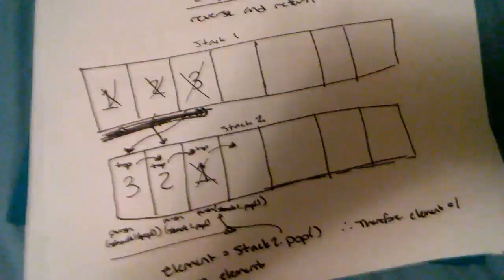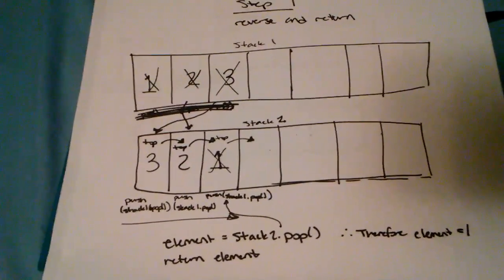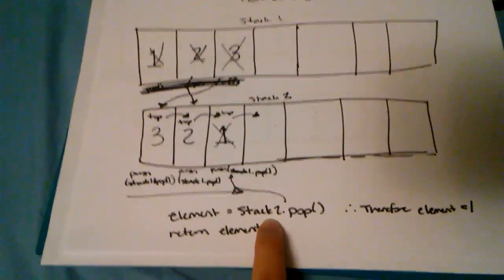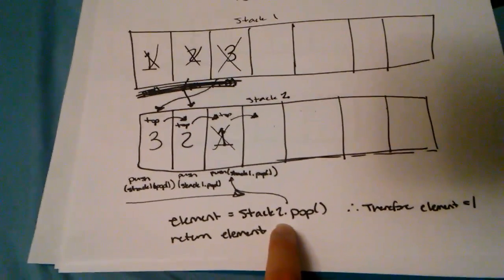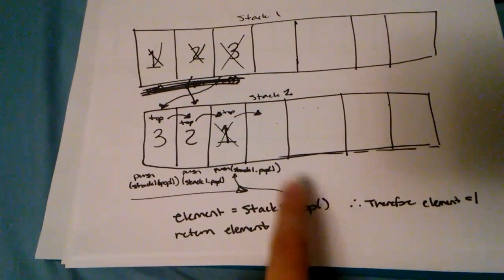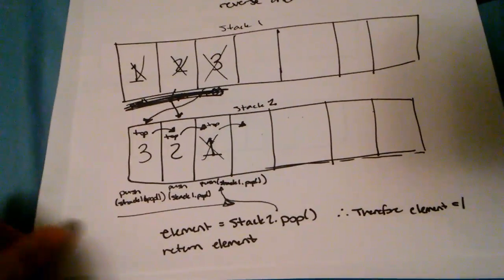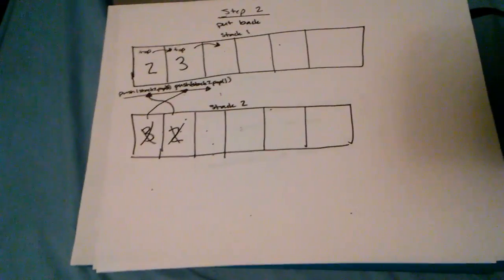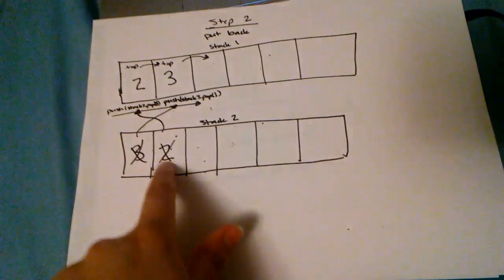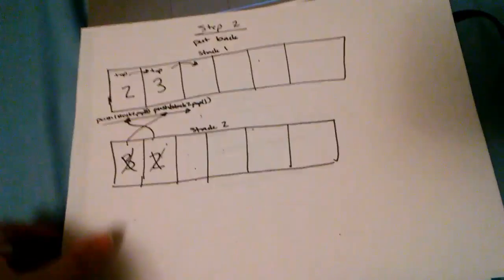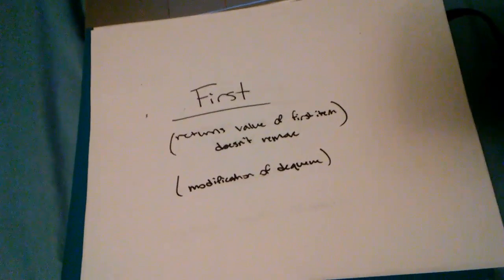What you're going to do is just modify what you did for dequeue. You're going to do the exact same thing, but here, instead of saying stack 2 pop, you're going to say stack 2 peek, which lets you look at the item but not take it out. So that way, when we do the second step, the 1 would still be here. So it would be 1, 2, 3. That was first.